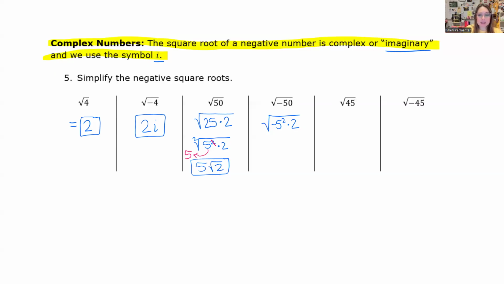I'm going to cancel out this square piece and bring out the negative 5, but it's going to come out as 5i, because the square root of a negative number is imaginary. So I get 5i square root 2. So anytime you have the square root of a negative number, out in the front is going to become an i.